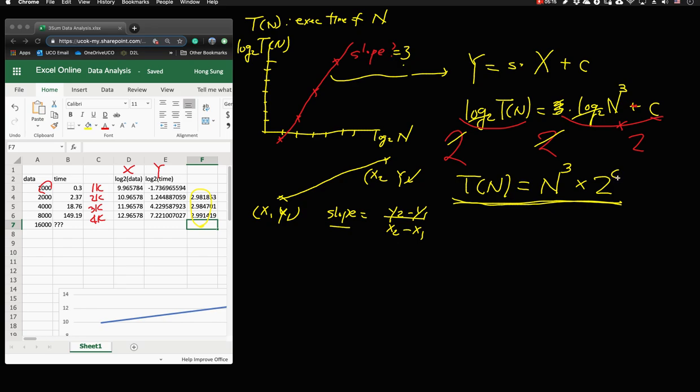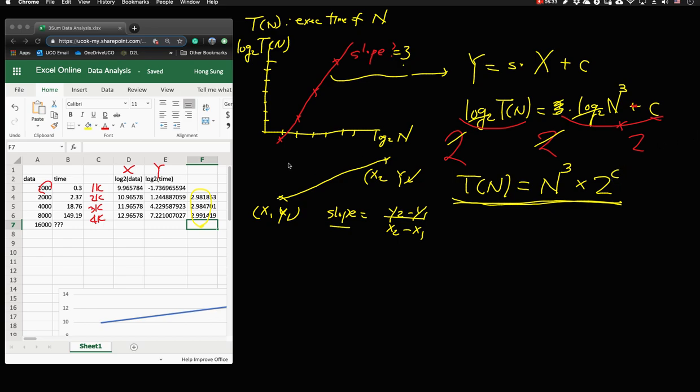How do we find the unknown c? We have lots of data. We can simply plug in one of the data. So here is x, y data. By plugging in those values, now we can solve the constant c.